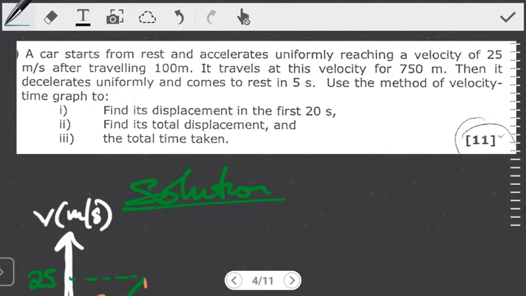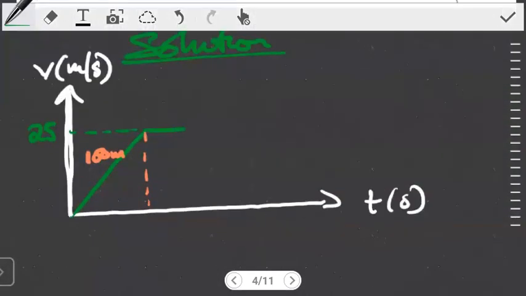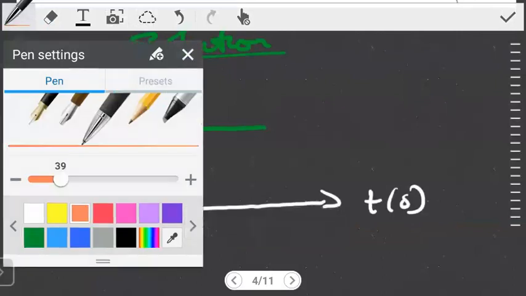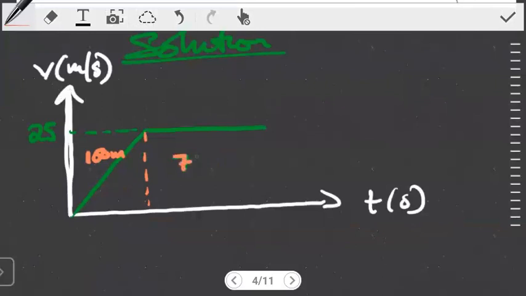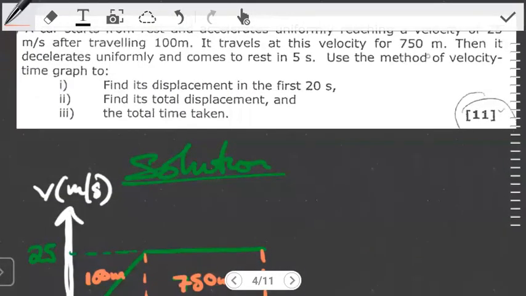That 25 meters per second it acquired. It travels at this velocity for 750 meters. So it's like this car maintains this velocity as it covers a distance of 750 meters. Okay, what else are they saying? So it maintained it and covered that distance, the 750 meters.